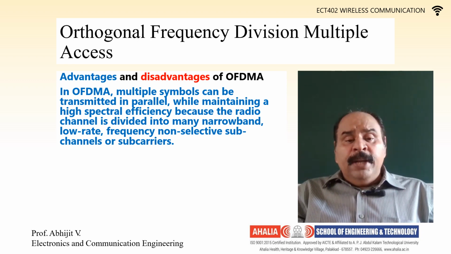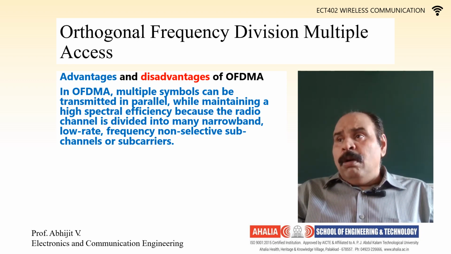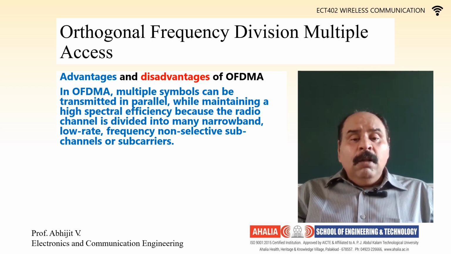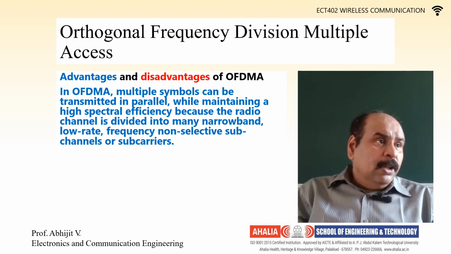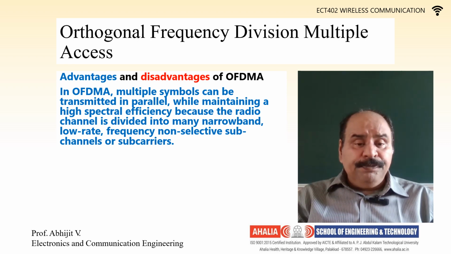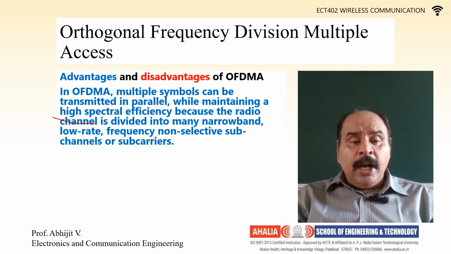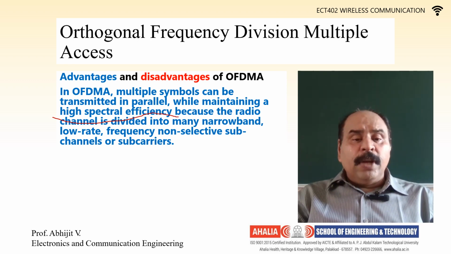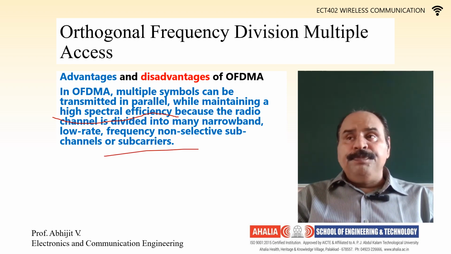In OFDMA, multiple symbols can be transmitted in parallel while maintaining a high spectral efficiency. Advantage: high spectral efficiency, because the radio channel is divided into many narrow band, low rate, frequency non-selective subchannels or subcarriers.